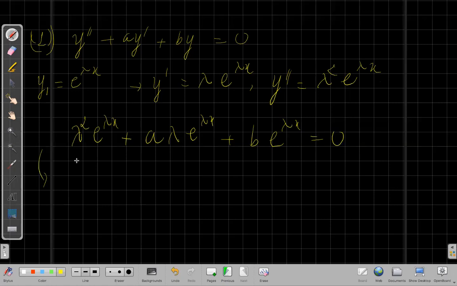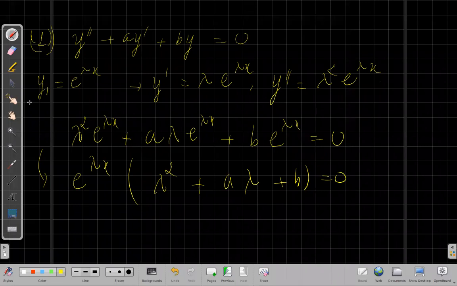Factoring out e lambda x, we have e lambda x times lambda squared plus a lambda plus b equal to 0.